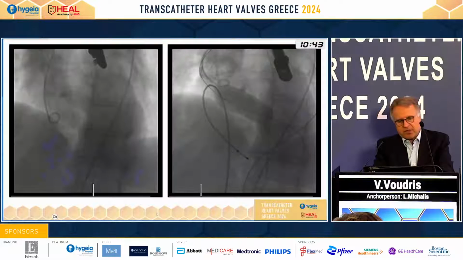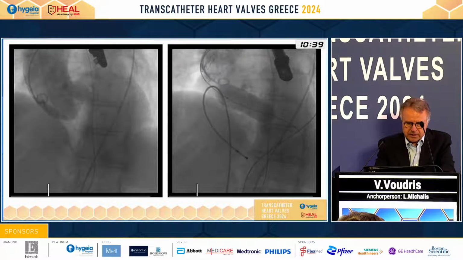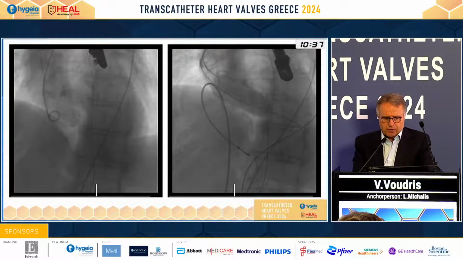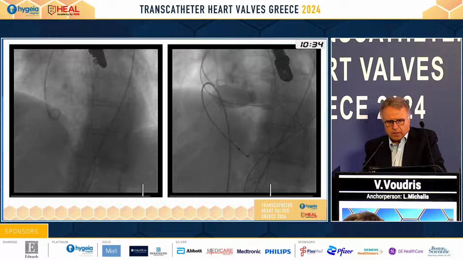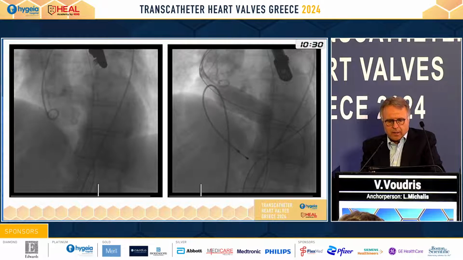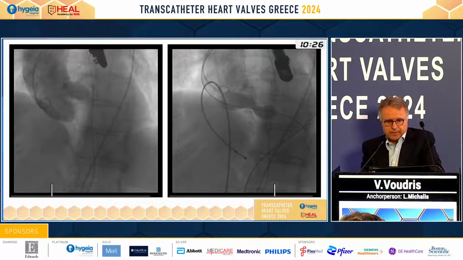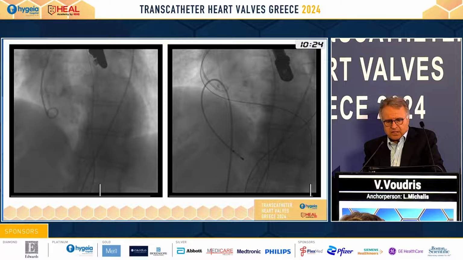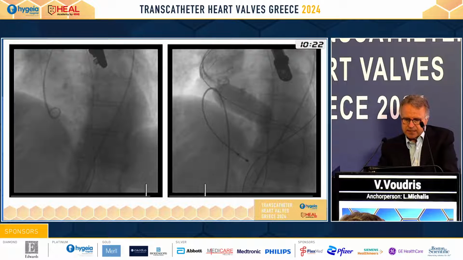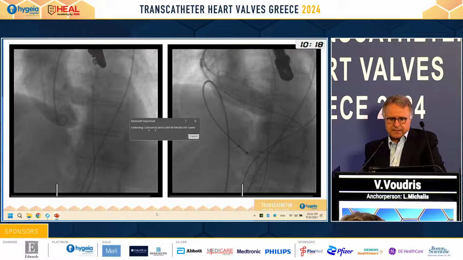So this is the first bicuspid aortic stenosis case performed in our institution in 2008, with Professor Cribier. It was a bicuspid aortic stenosis. You can see the pre-dilatation. Next, please.